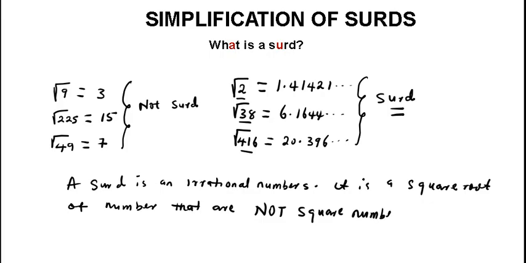It is a square root of numbers that are not square numbers. Let's proceed to take a look at the rules of surd.